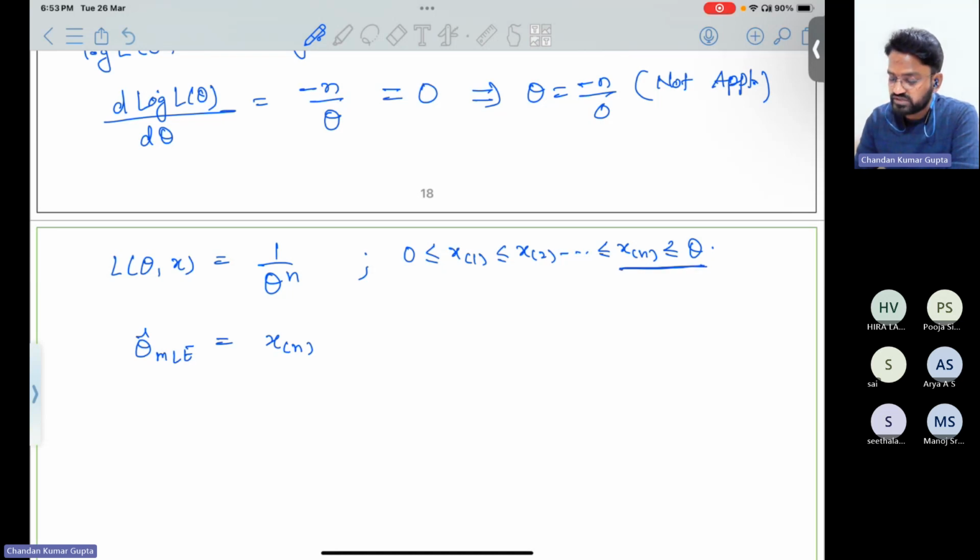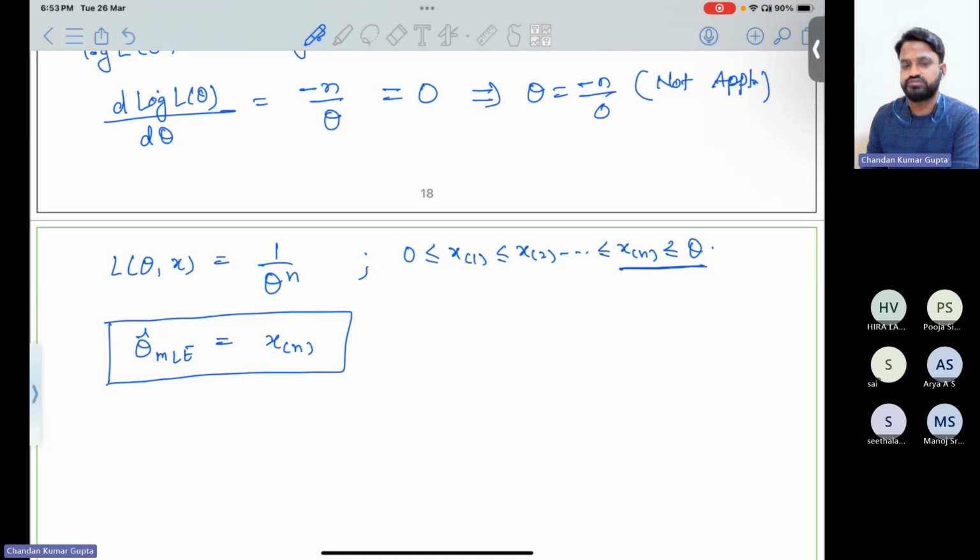So the minimum value of theta is xn. That means the MLE of theta is this. Maybe some people thought x1 is the smallest value among these. No, our aim is to find the value of theta for which this likelihood function is maximum, and the smallest value of theta is nothing but xn, which is smaller than or equal to theta.